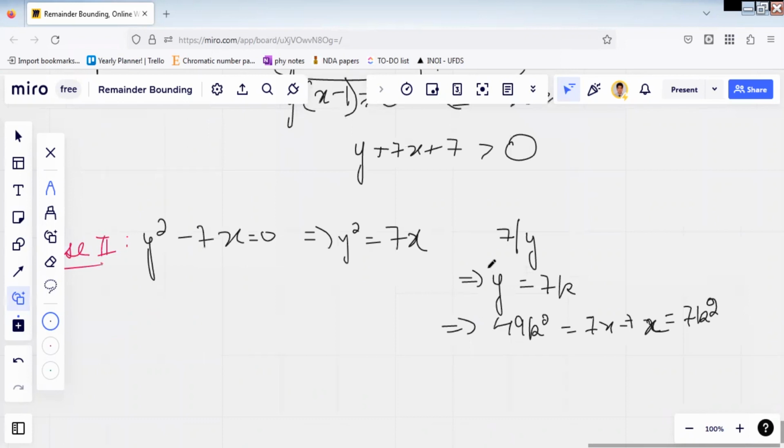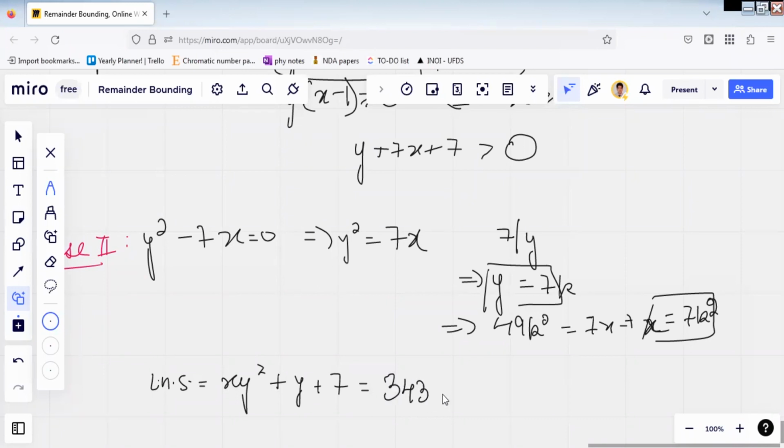So now if we put these values, y is 7k and x is 7k square, in the original expression, we have the left hand side, which is xy square plus y plus 7. You can do the calculation on your own, but I'll just write what it becomes: 343 k to the power 4 plus 7k plus 7.